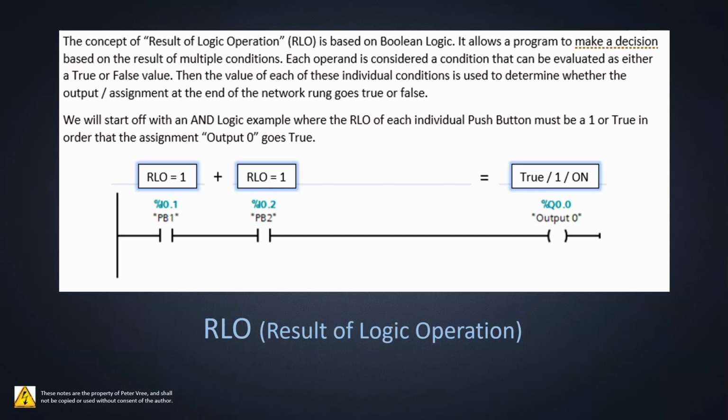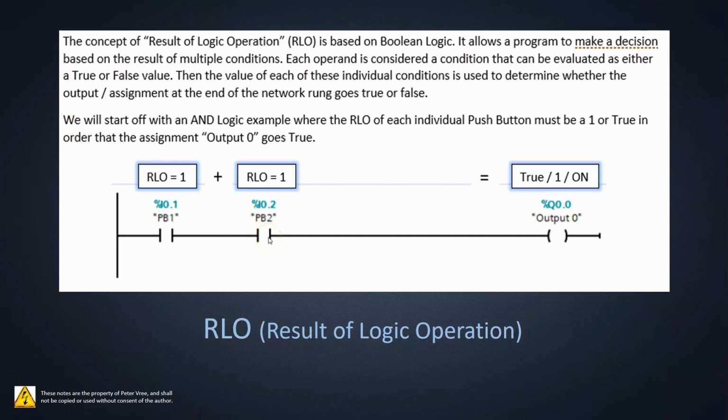Okay, so for this one right here, we have two normally open contacts. Those guys are looking for the presence of 1. So if I have pressed this push button right here, and this is giving me a 1 at the input, then the result of that logic operation will be a 1.